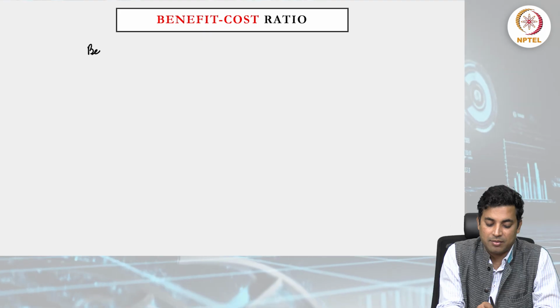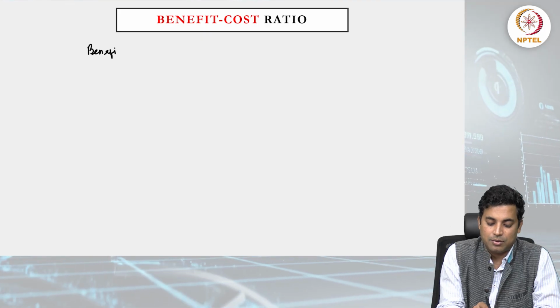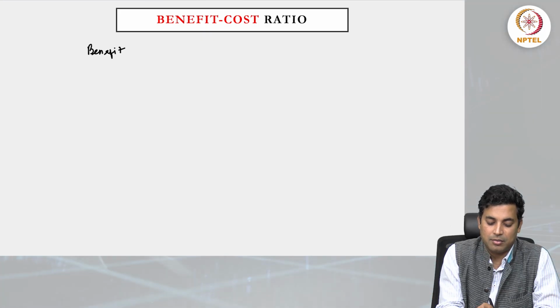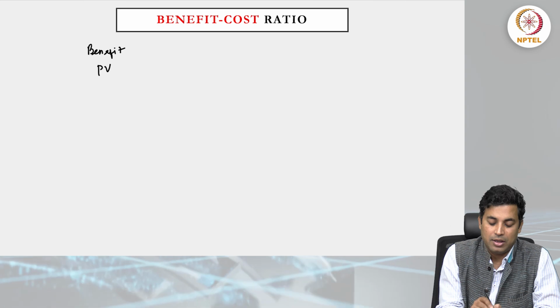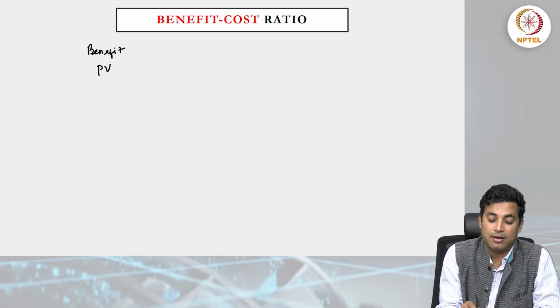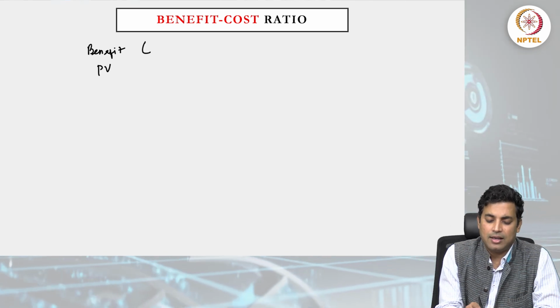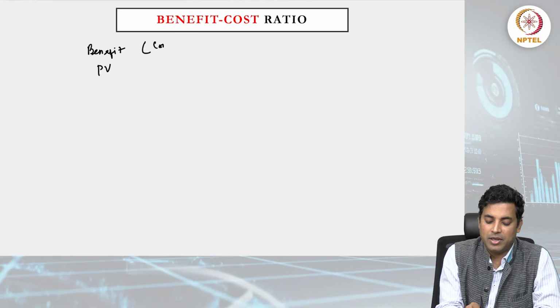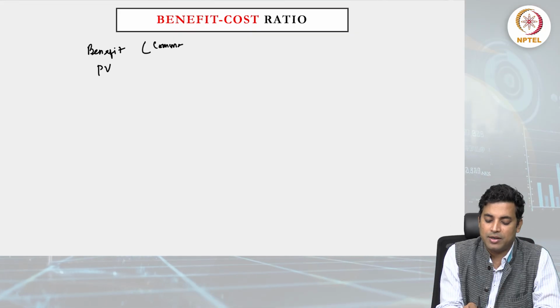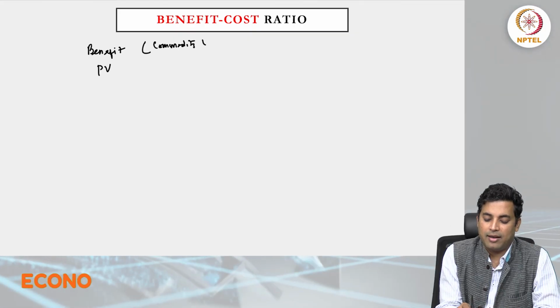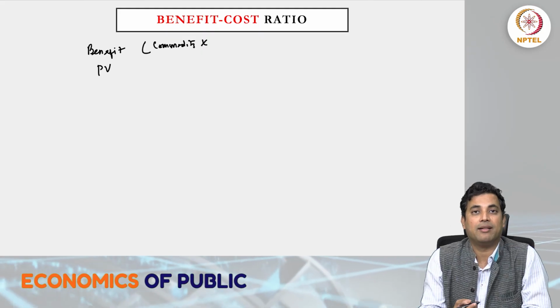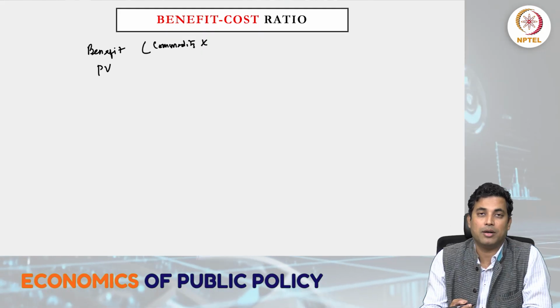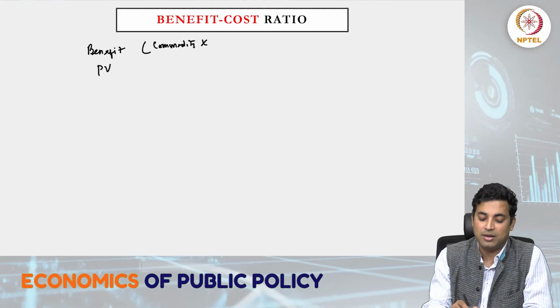So the present value of benefit and cost for commodity X, where X could be anything, any public project, any public good project.